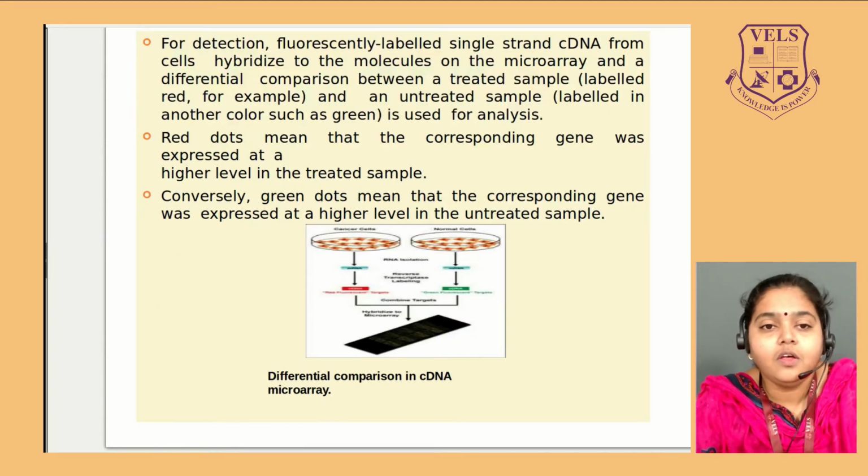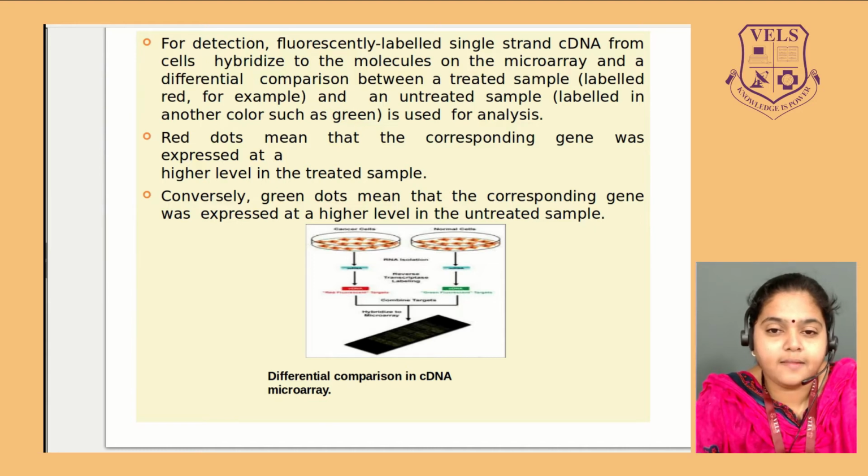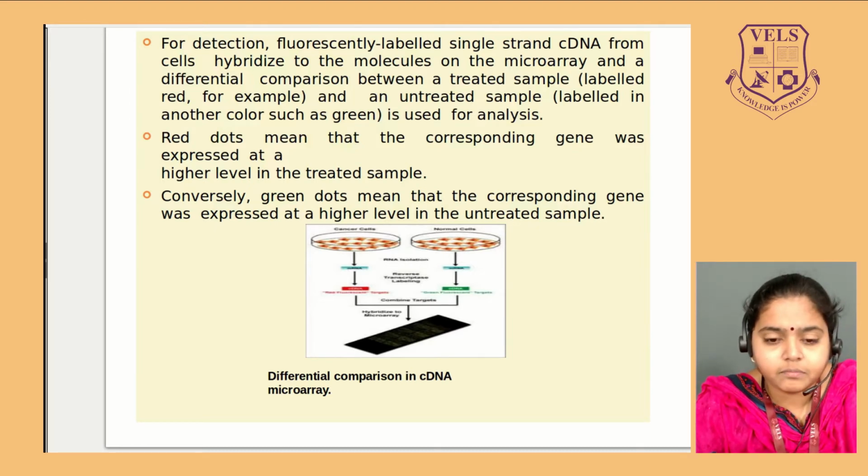For detection, fluorescently labeled single-strand cDNA from cells hybridized to the molecules on the microarray, and a differential comparison between a treated sample and an untreated sample is used for the analysis. Red dots mean that the corresponding gene was expressed at a higher level in the treated sample.